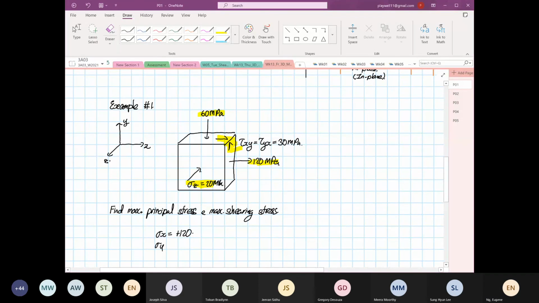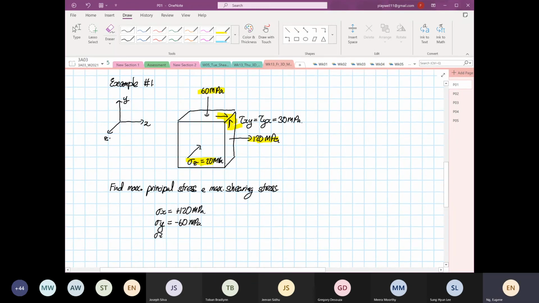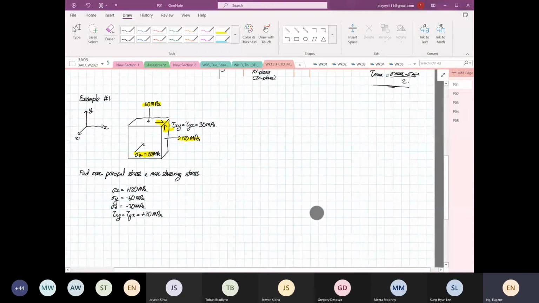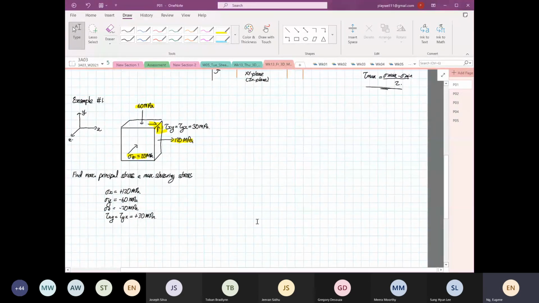Stress Y is equal to minus 60 megapascal. Stress Z is equal to minus 20 megapascal. And shear XY is equal to shear YX, which is equal to positive 30 megapascal. In this example, I'm more or less helping some of you to recap the 2D Mohr circle also. One stone kills two birds.